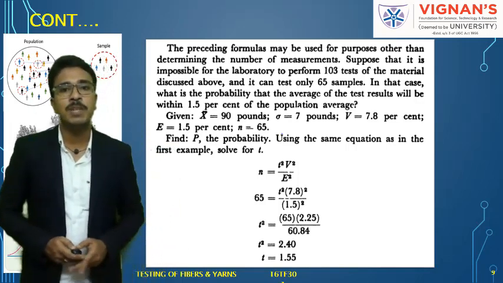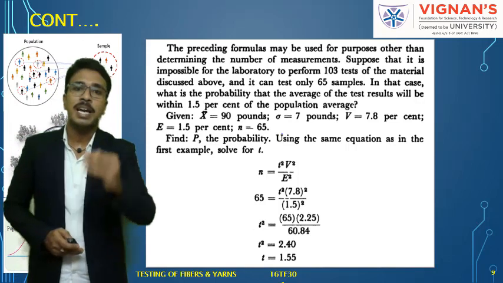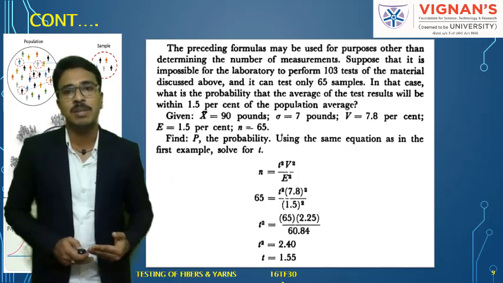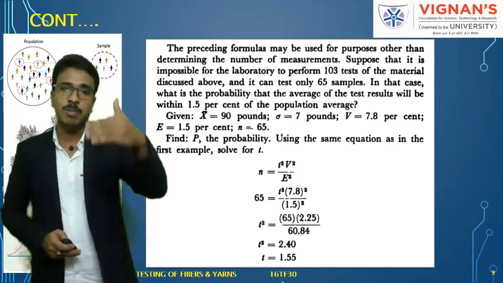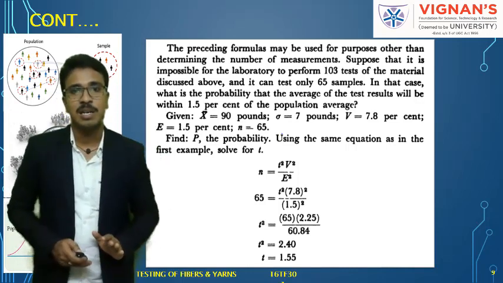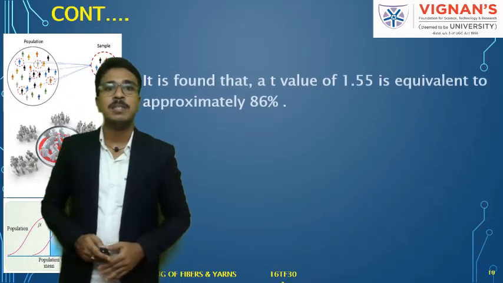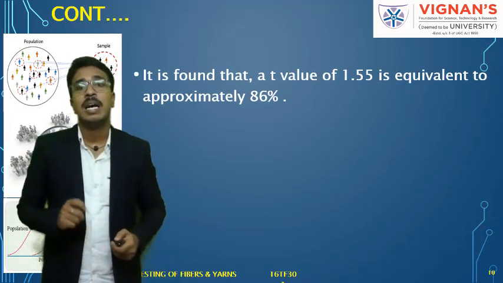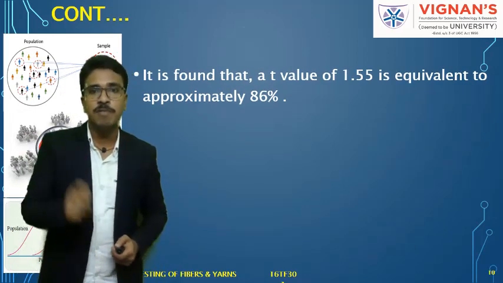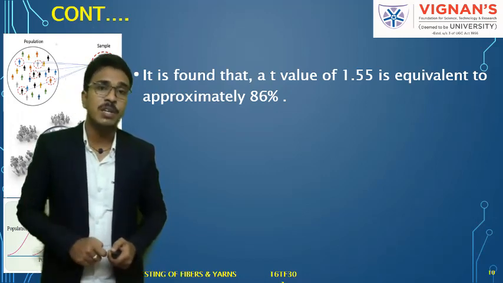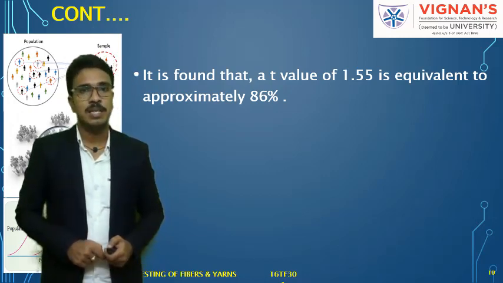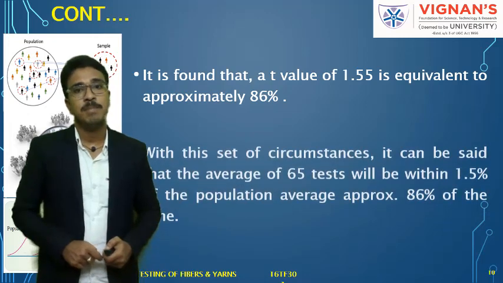From this t value, again you can go to the table and refer to this t value to see what the probability percentage is. Now if you look at this, it is found that a t value of 1.55 is equivalent to approximately a probability of 86 percentage.